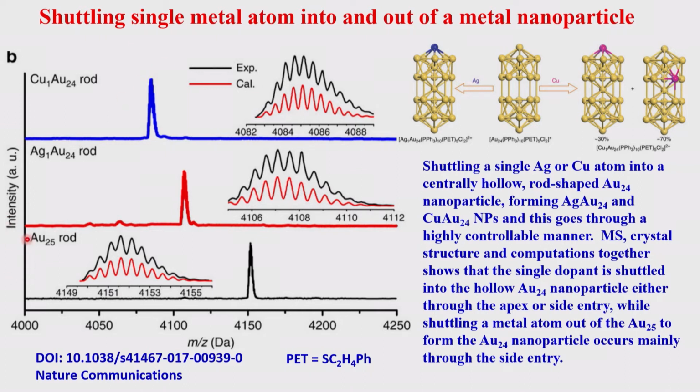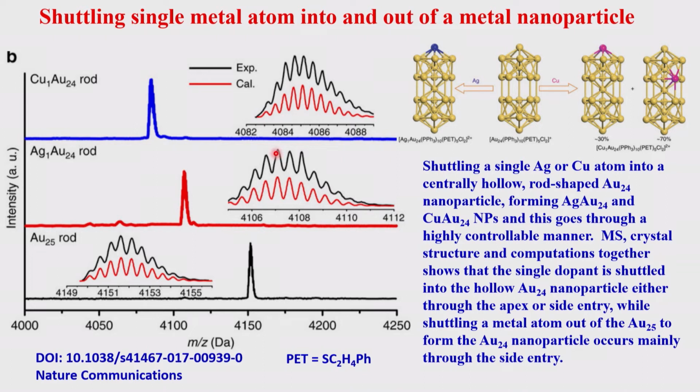Now you see, this is your original, the Au25, and this peak looks like as if it is one. If you expand, then you can see between 4150 to 4155 a nice structure that can be compared with the calculated isotope peak pattern. Now you replace one of the gold by one of the silver, and you can look at the position changing as well as the pattern change, and the difference between these two peaks.